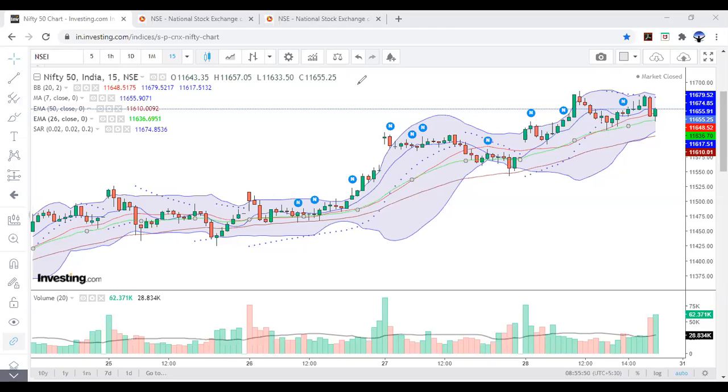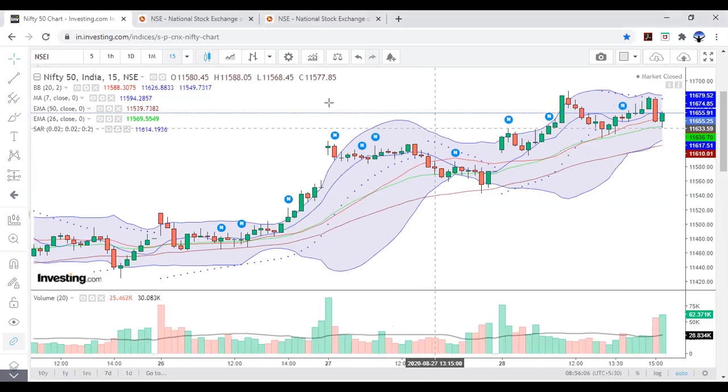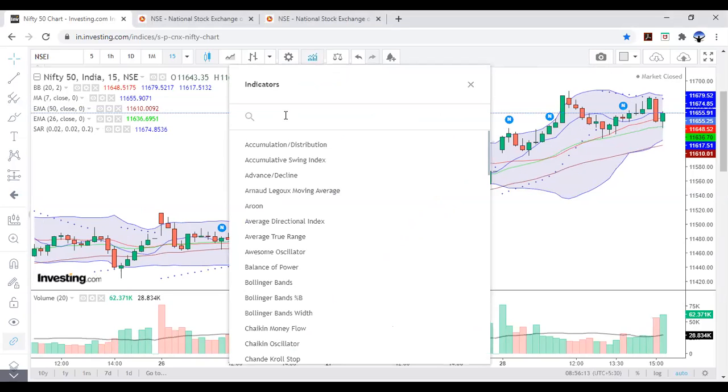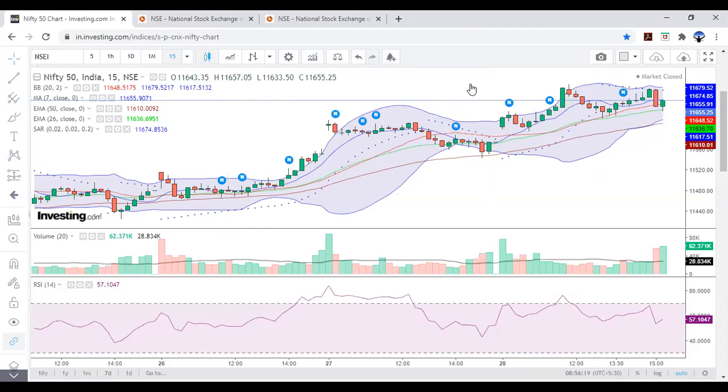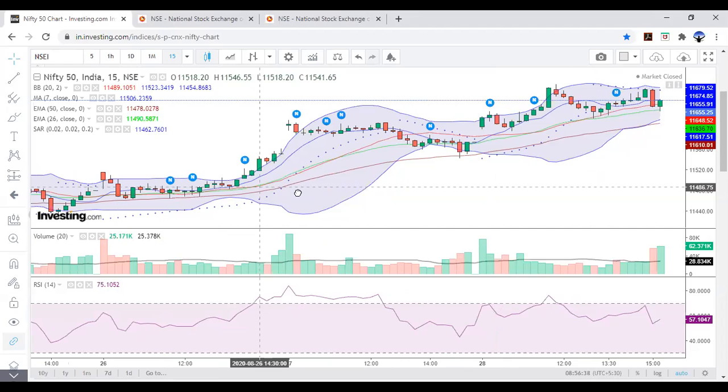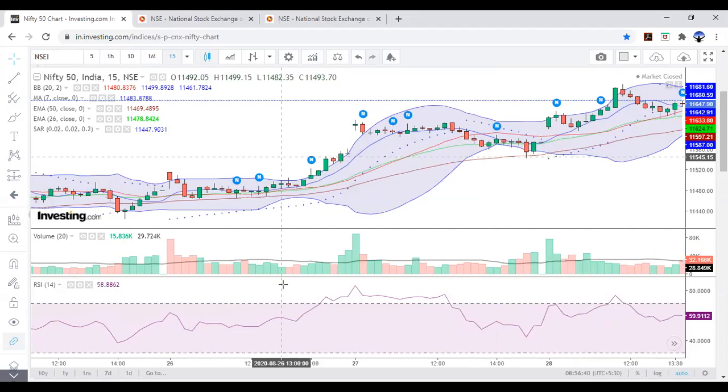Now in this I will enter the values. As per this chart, I am entering here the other indicator, RSI. Now I will show you what a risk reward is.